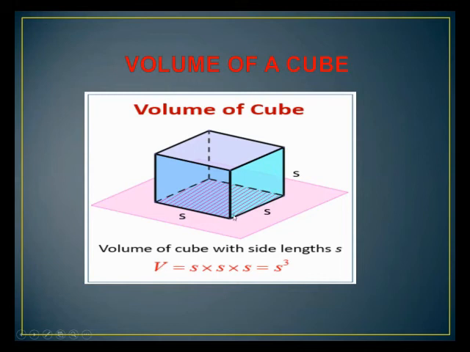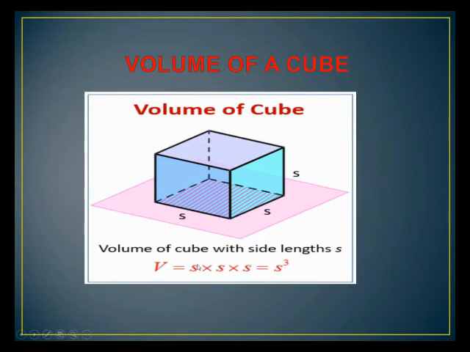As you can see, here is the cube, and if we multiply all the sides of the cube, we get the cube of S. So how do we get the cube? As you can see, we are multiplying S by S by S. So we have three variables and the exponent of each variable is 1.